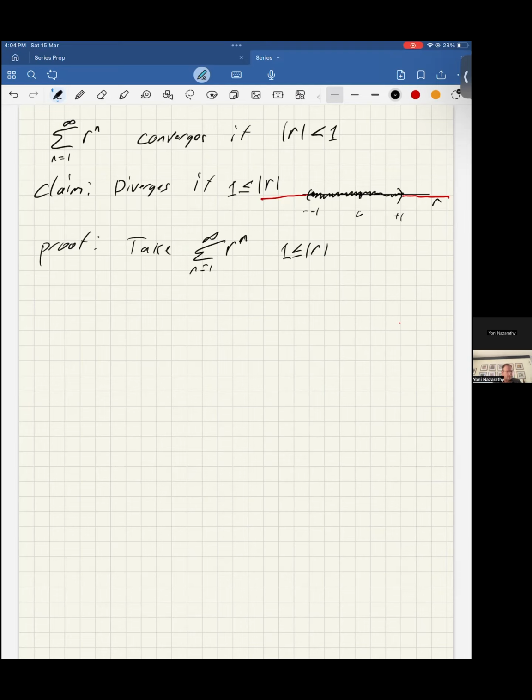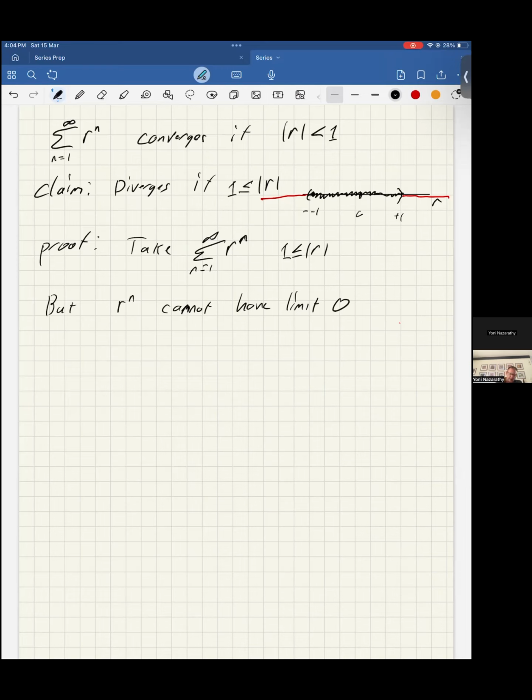If it were to converge, we would have to have that the sequence r to the power n converges to 0, but we show that r to the n cannot have limit 0 in this case.